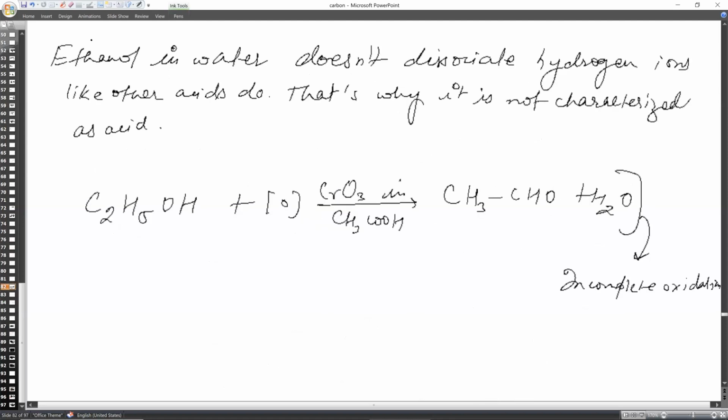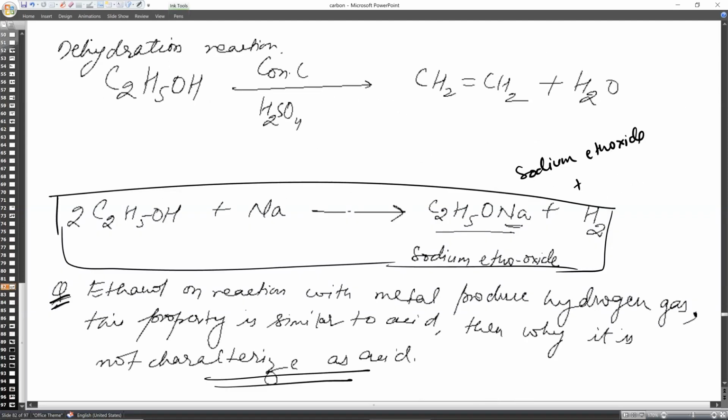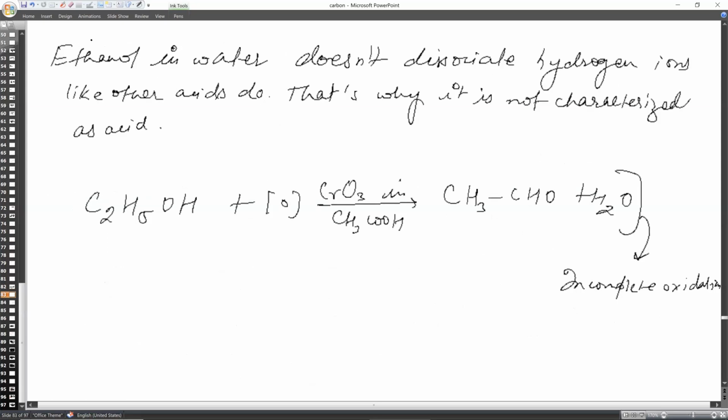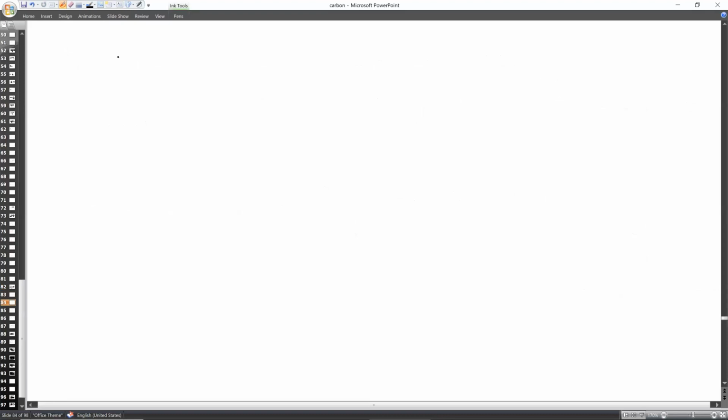Next, have we written these properties of ethanol, that ethanol when added to H2SO4? Let me revise this one also because these are important properties. So ethanol, C2H5OH, is a 2 carbon alcohol.